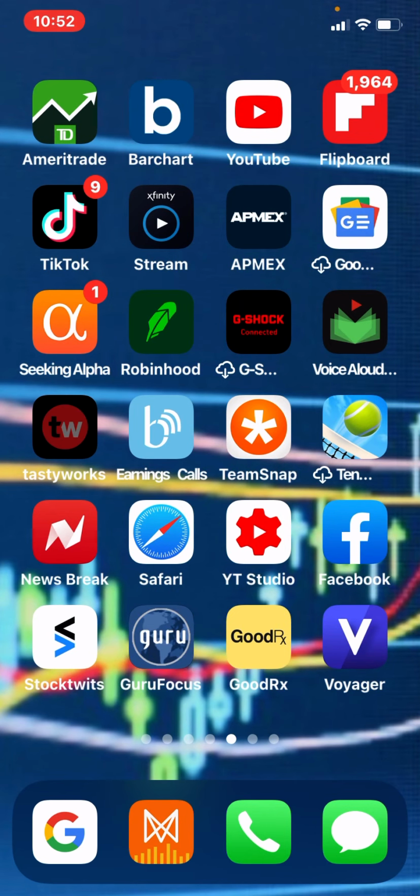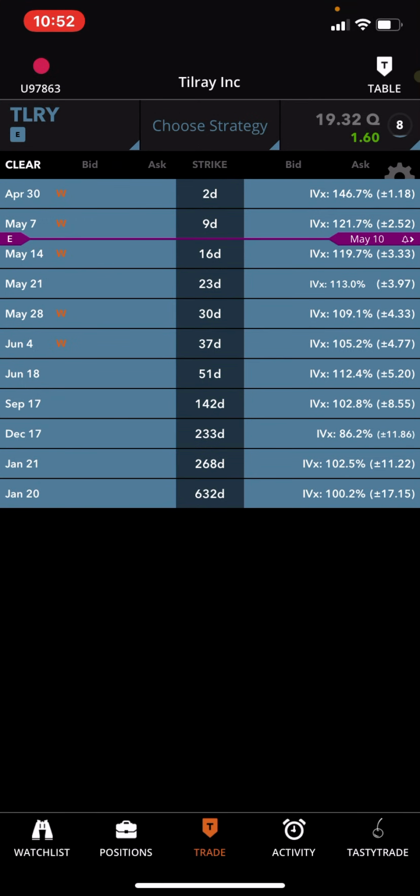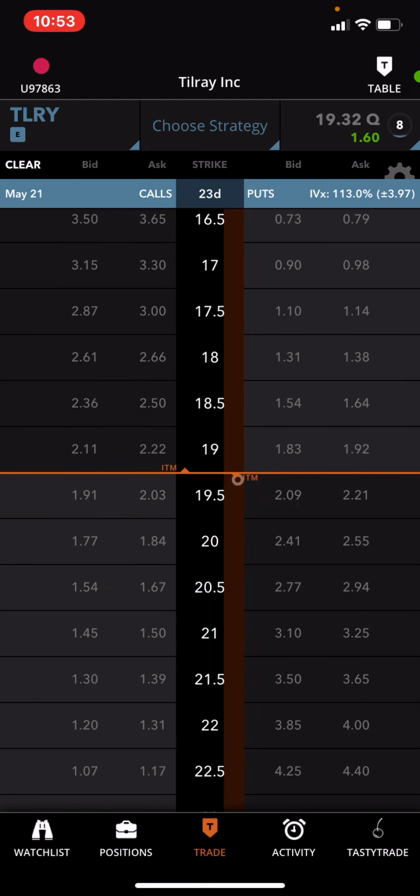You basically want to be between 16 and 17. Basically, this is the perfect format for this trade, in my opinion. 23 days is the one you want to sell, more or less. 23 days, 16 days is good, either or. I went with the 23 day, the May 20, this one right here.